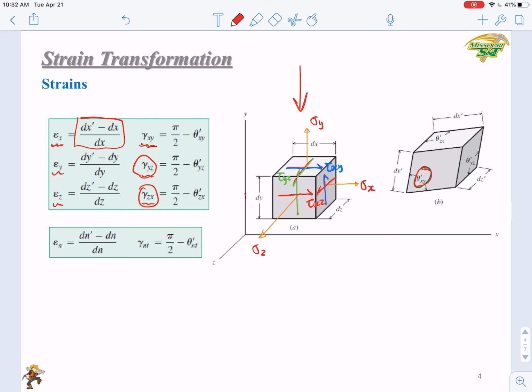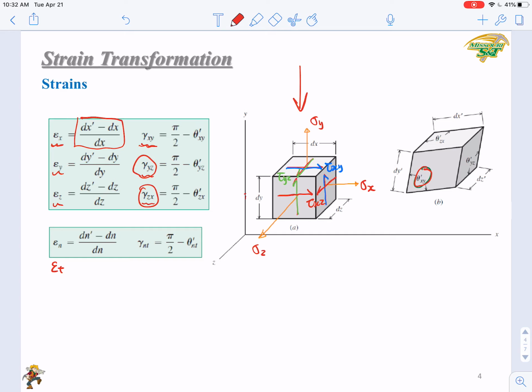Now, how about strain values along arbitrary directions n and t, which are perpendicular to each other? That is, epsilon n, epsilon t, and gamma nt. We can define them in similar ways, but how can we find them?